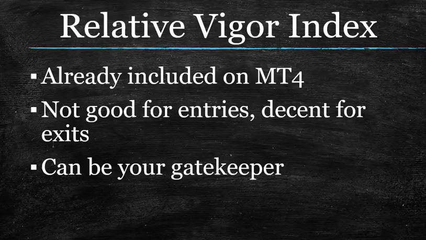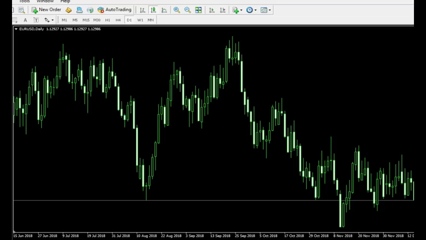Whatever you decide to be your gatekeeper, that is the indicator that it has to beat. If it cannot beat what amounts to be a fairly average exit indicator, well, then it just doesn't belong in your toolbox at all. There is really no further testing needed, and you can just simply move on to the next one. But I think having a gatekeeper is extremely useful. So let's see how this one measures up, shall we?